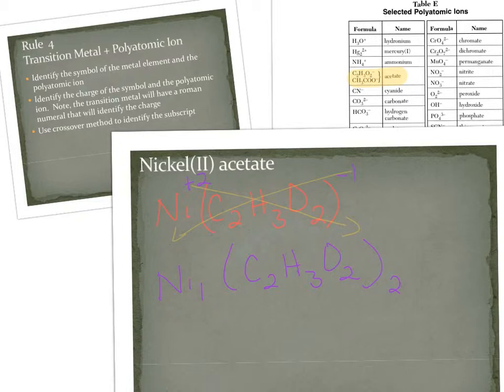Remember, we do not keep the 1, and so we're going to rewrite this as Ni(C2H3O2)2. And that is the chemical formula for nickel 2 acetate.